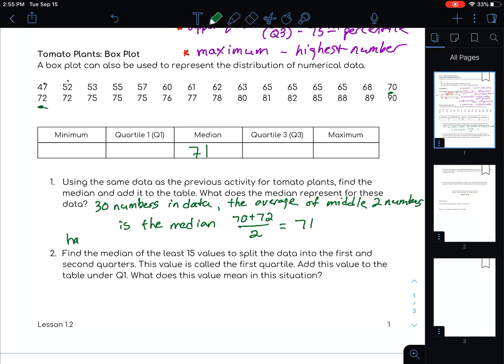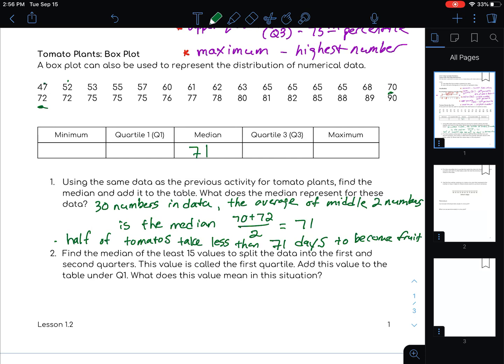So half of the tomatoes, 50% of them, take less than 71 days to become fruit.